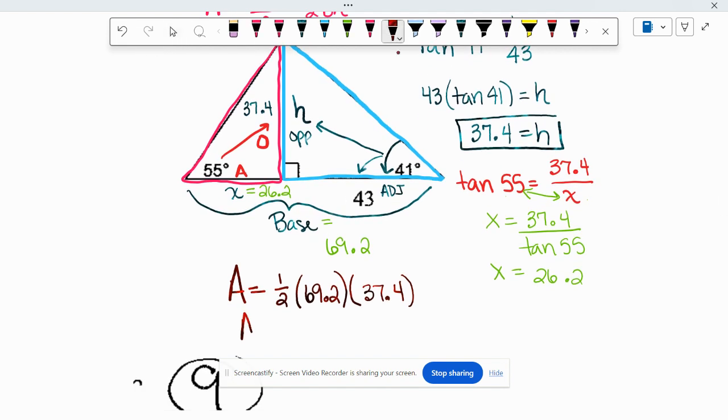So what do you get for your area? 1,294.04, right? Is that what you guys got? Who's doing this in their calculator? Did you divide by 2? Yeah, you have to divide by 2 or multiply by 1/2, which is 0.5, right? So you should get 1,294.0 units squared.